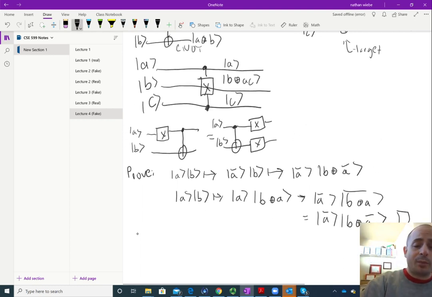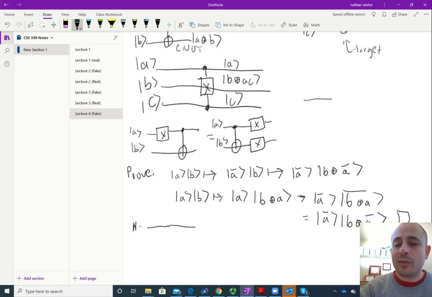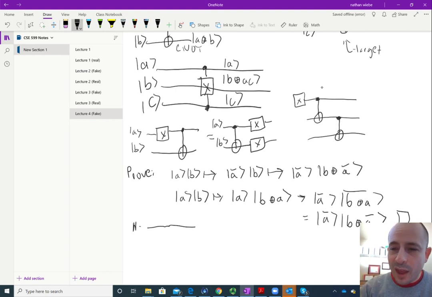Now let's take a look at another example. Let's look at feeding in. My next claim is that, or another way of looking at this is, if you have an X gate that happens before the control, then the X gate propagates outwards. So, a consequence of this, which is relevant in error correction, is that if you have a sequence of gates that looks like this, and you put an X gate up here, then this X gate propagates, in effect, everywhere out here.